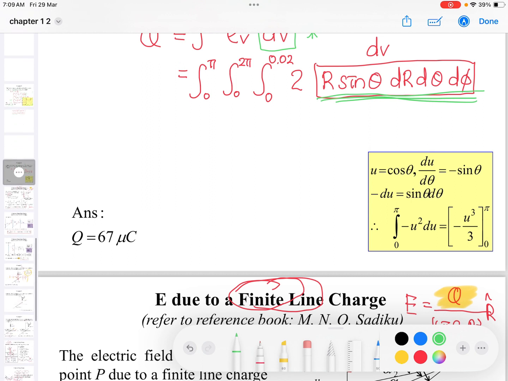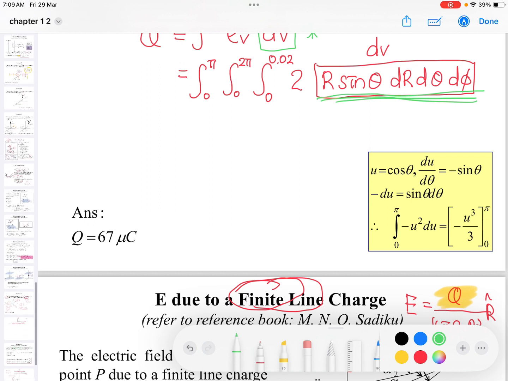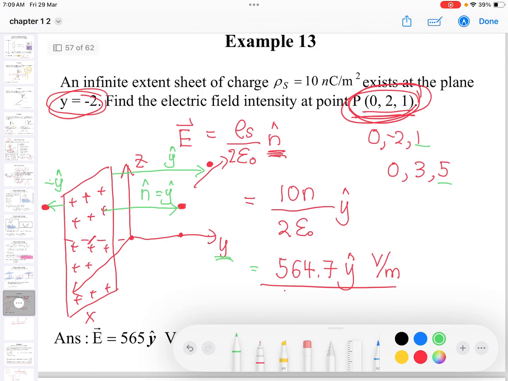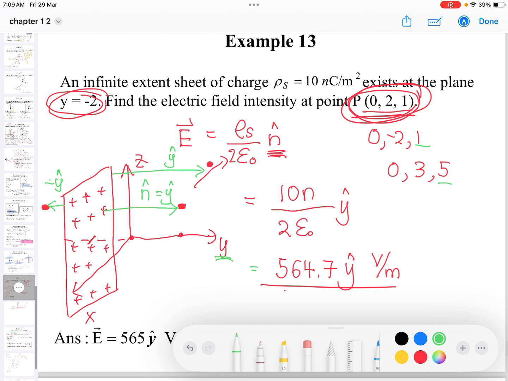Next, I'm going to move on to the questions over here. This one is about finding the electric field.